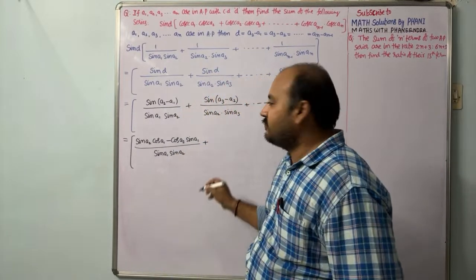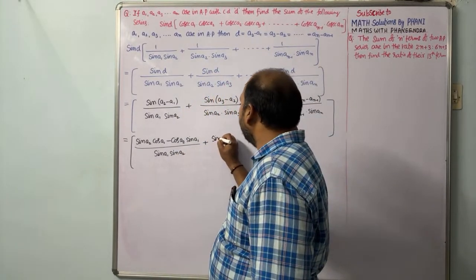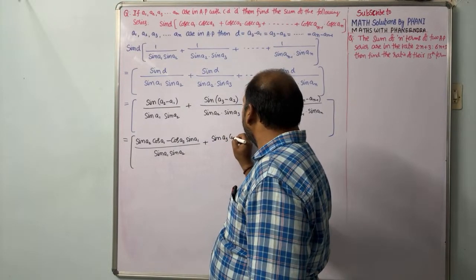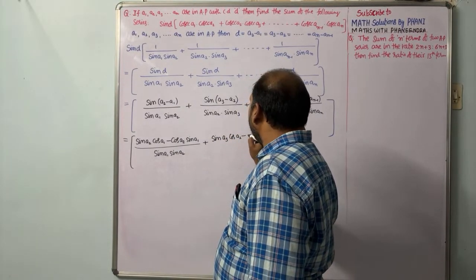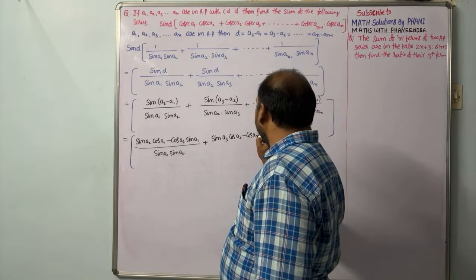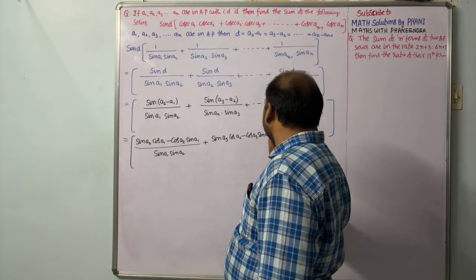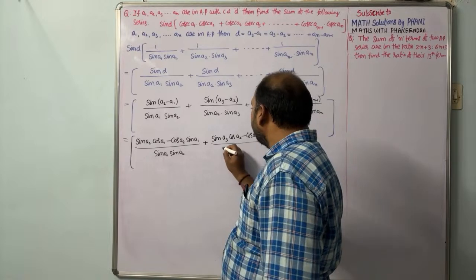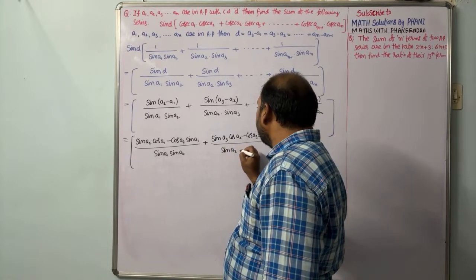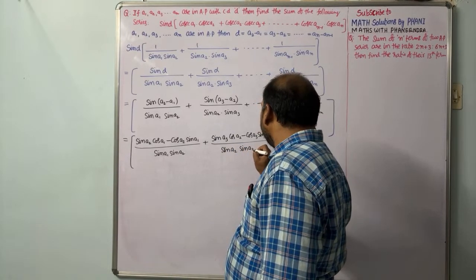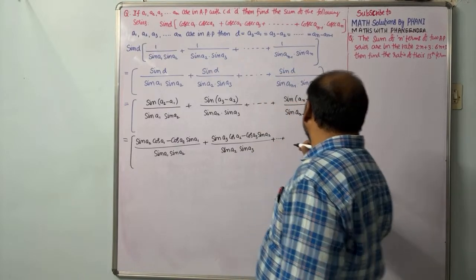Regarding the second term, sin A3 into cos A2 minus cos A3 into sin A2 divided by sin A2 into sin A3, plus and so on.